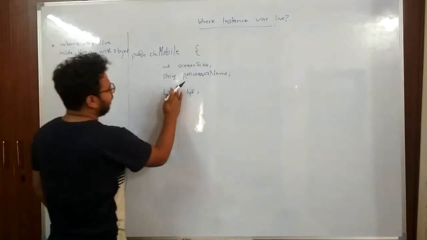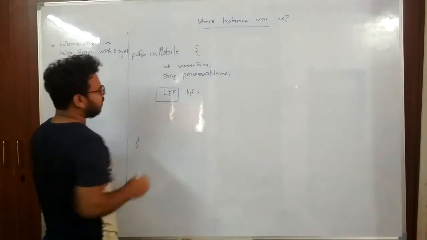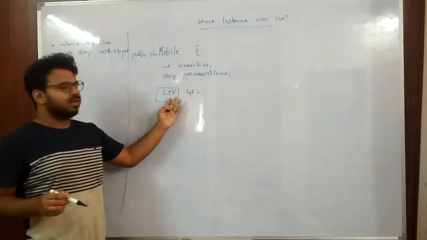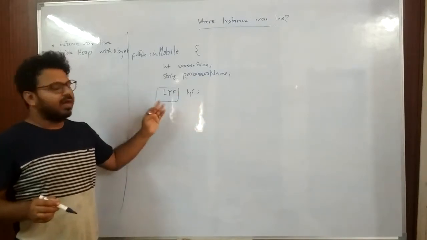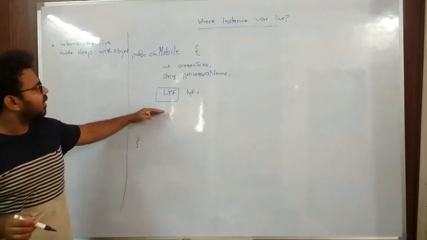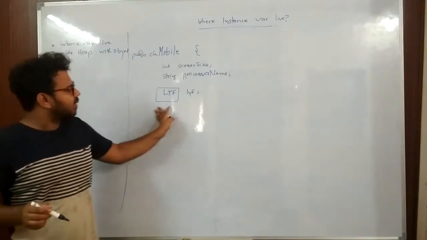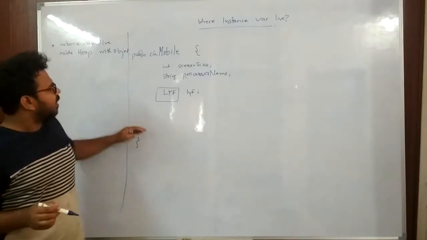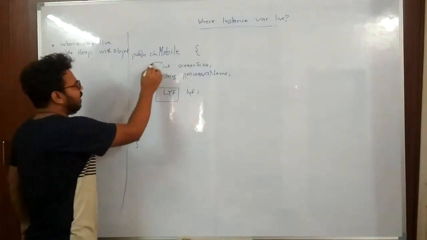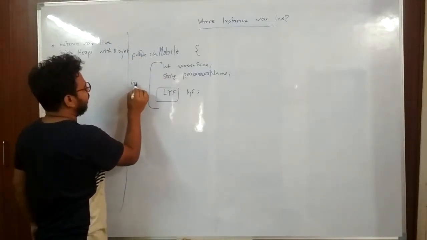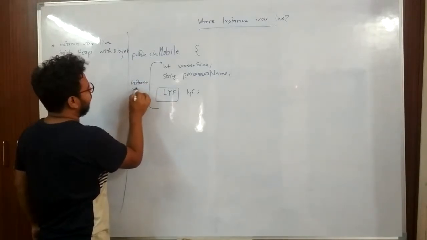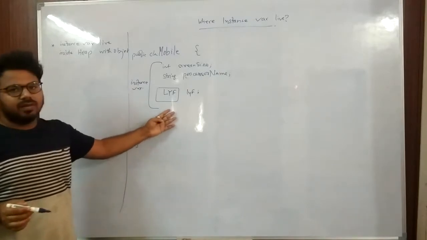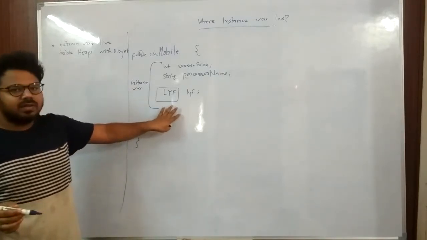This is our Life class, and we have a reference variable for the Life. Since this is outside of any method, that is the main method or any method, and inside the class, these three are instance variables.